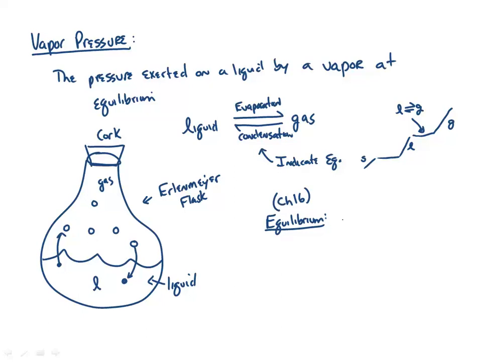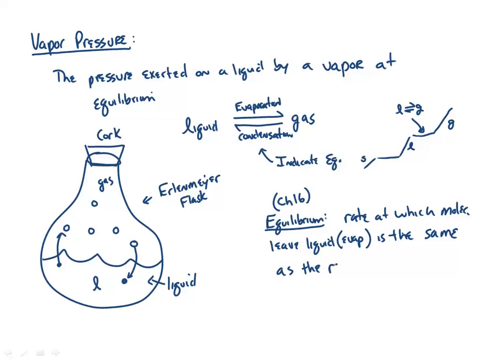And what it says is the rate at which molecules leave the liquid, or are evaporated really, is the same as the rate at which they return. That's our condensation.